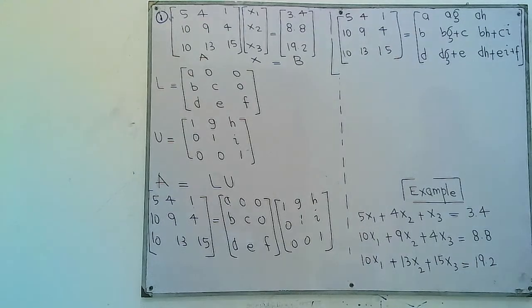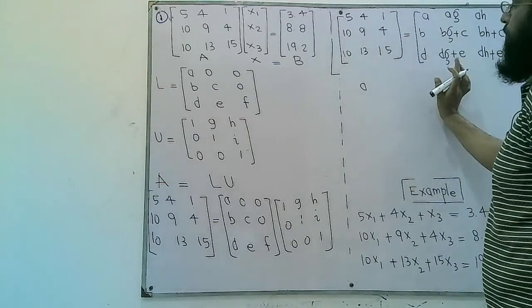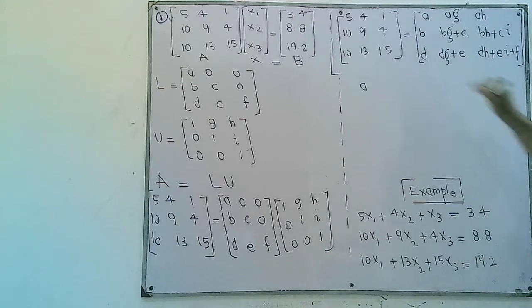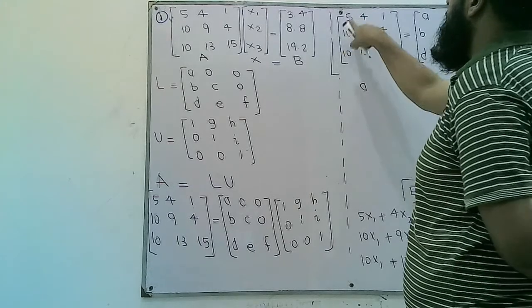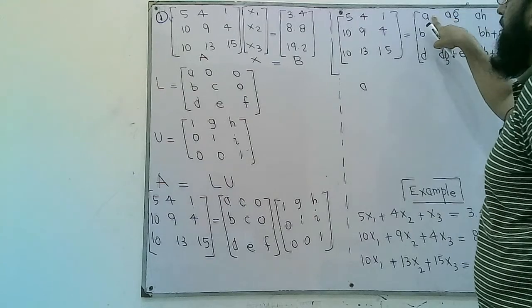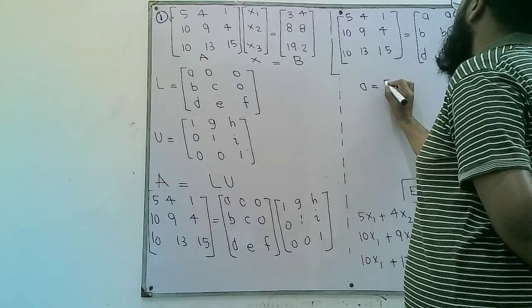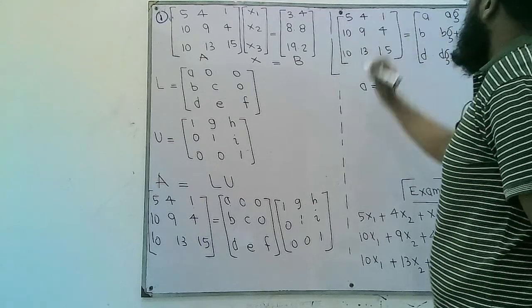Now we can equate the elements one by one at the corresponding positions. If this matrix is equal to this matrix, this means the element at position A11, the first position, is equal to the elements of this matrix at the corresponding position. So A is equal to 5, right? And AG is equal to 4.